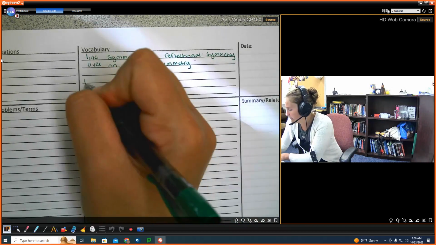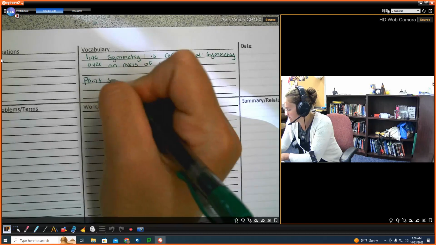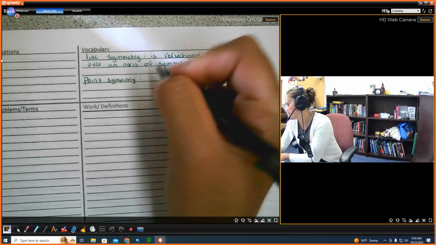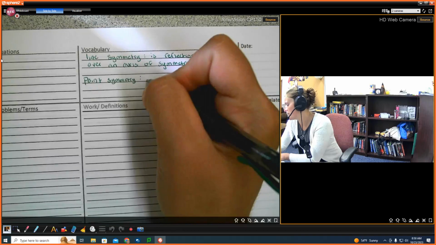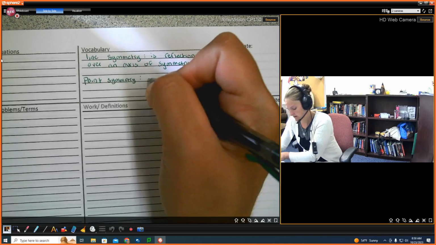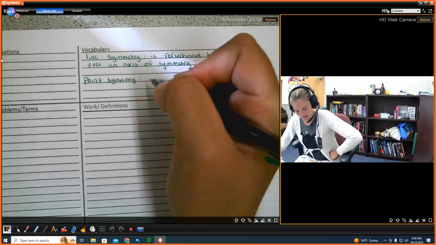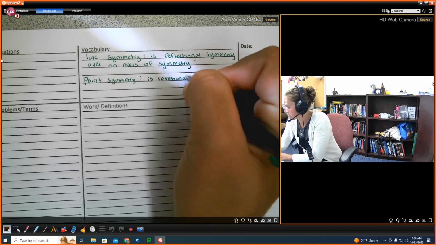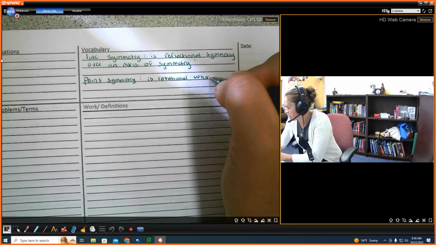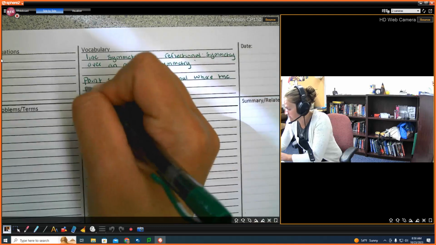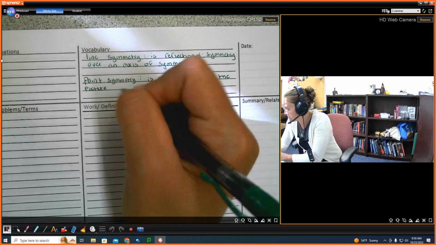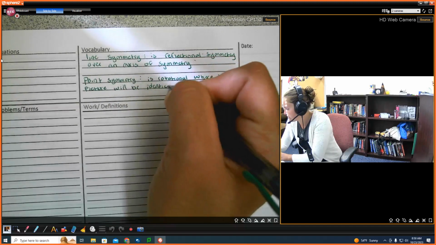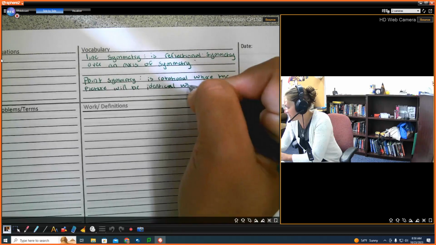And then we're going to say point symmetry is rotational, where the picture will be identical when rotated around the center.